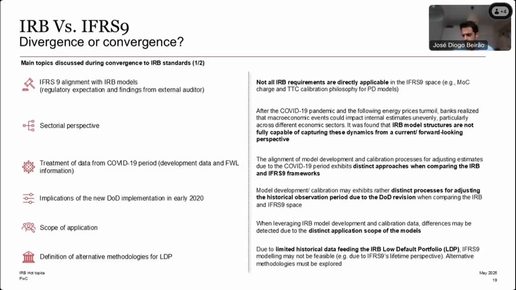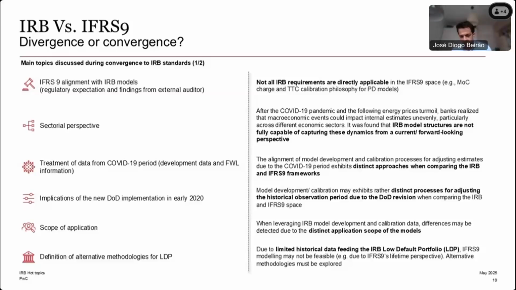To give a practical example, in some situations LGDs or PDs are determined without an exposure-weighted approach, or, in the case of PDs, without considering the long-run average as a perspective of time, but as a point-in-time view for every exposure. Typically, these are areas where best practices gained in IRB can be brought to IFRS 9.